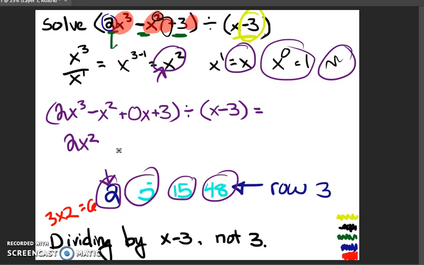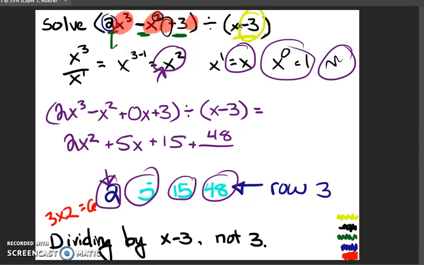Now this 5 is positive, so we do plus 5x. See x regular. 15 is positive as well, and x to the 0 equals 1, so there's no x there, so it's just plus 15. And now we have 48, but no x. So there was no x to take out of it, so we just have to do plus 48, and then the remainder.